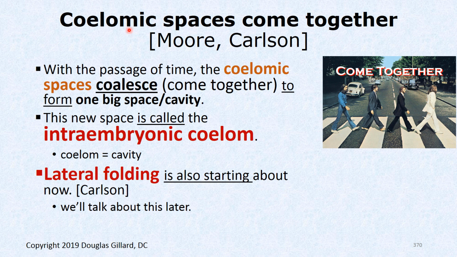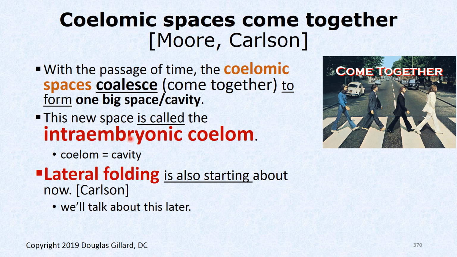Anyway, so coelomic spaces will come together with the passage of time. These spaces coalesce is the official word. Coalesce means a coming together or morphing together into one big space. The new space is called the intraembryonic coelom. What does that mean?